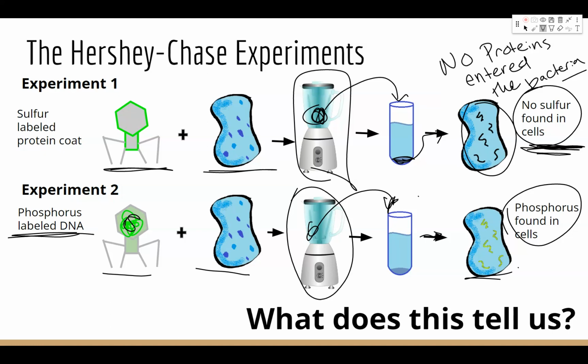Our viruses are injecting their DNA into these cells. This is the experiment that told us, hey, we're almost 99.99999% sure that DNA is the transforming principle. DNA is what we're looking for.